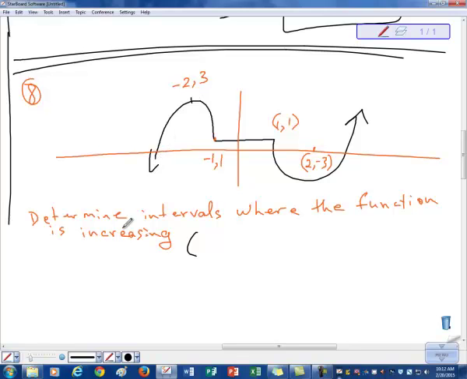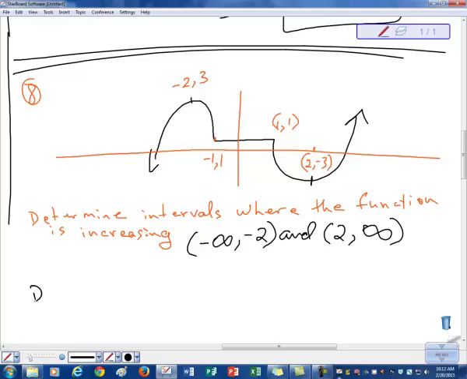So x is going from negative infinity to negative 2. And they're always open. So it's increasing there, it's decreasing down here, constant, decreasing, but then here to where? To infinity. Okay, so that's increasing.